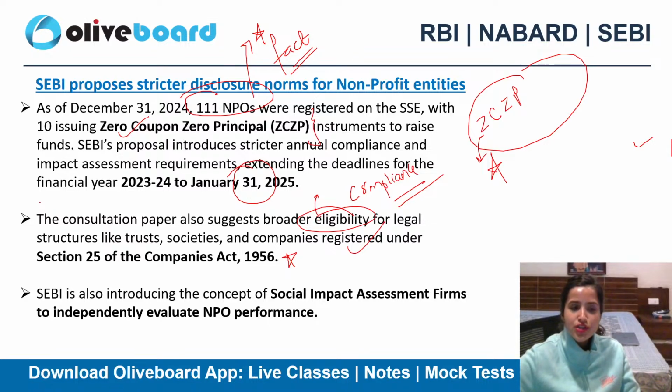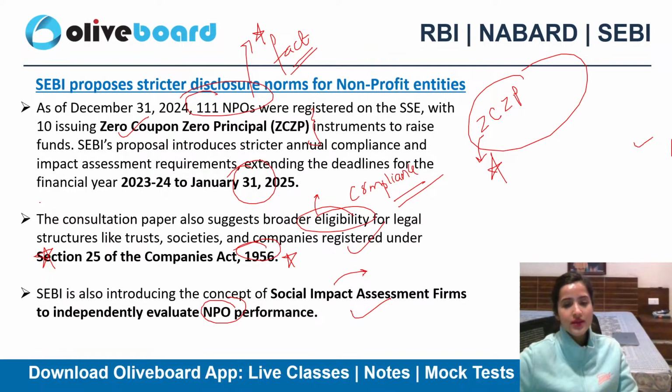What kind of legal structures? Trusts, societies, companies which are registered under the Companies Act 1956. And under which section? Section 25. So this can also be asked directly. Which section? Section 25. Which act? Companies Act 1956. Right?